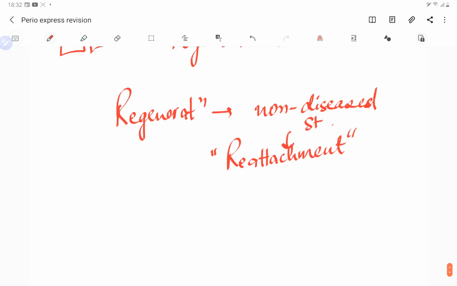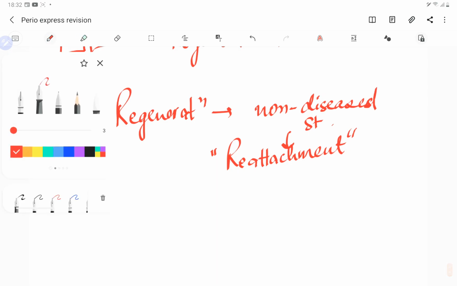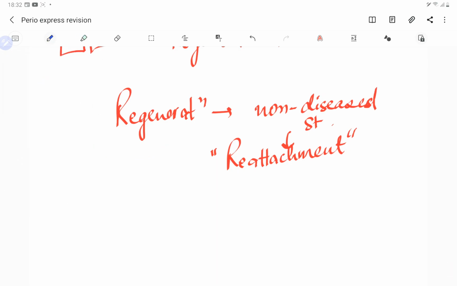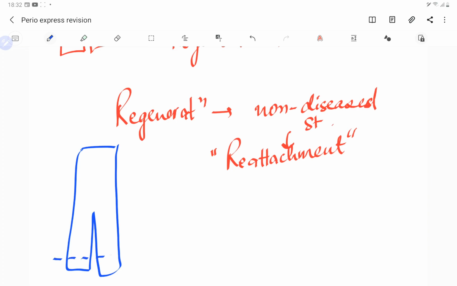Suppose I have bought a new jeans, guys. This time this jeans is not torn or anything. It's a long jeans, right? Because I have a short height, if I wear this, it is going to look awkward. So what I'm going to do is go and ask for the alteration.